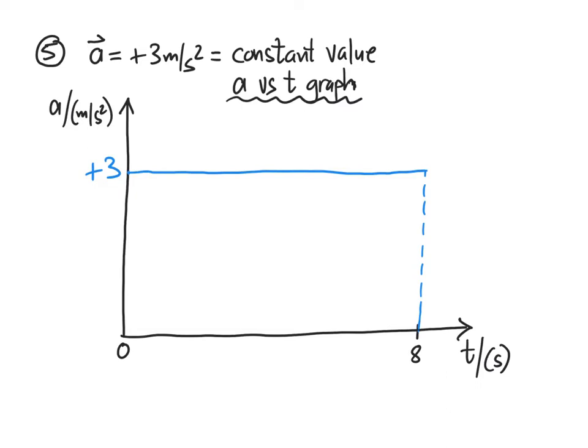Lastly, you were asked to draw the acceleration versus time graph. Now, I've used the term draw, but when we talk about drawing, we often refer to a scale drawing, a graph where we would have very specific values on our axes.